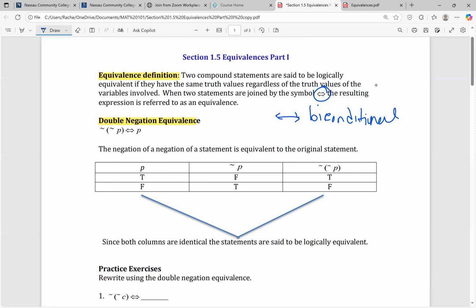It's almost like an equal sign, like in algebra or math. It's just saying these two statements are logically equivalent. So that's the symbol that we use. That is different, so the thicker, fatter one is going to be an equivalence.